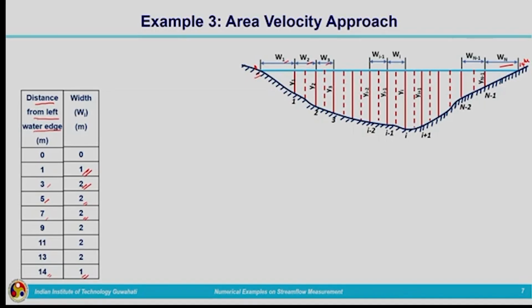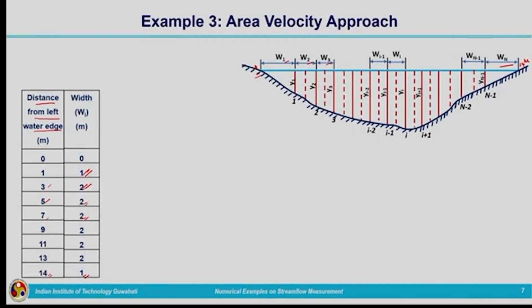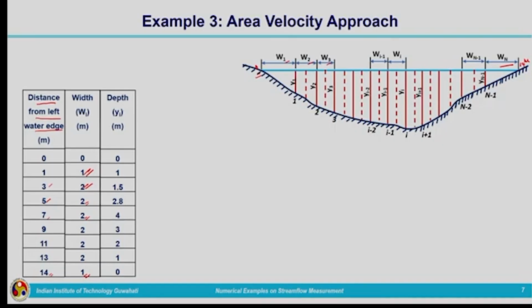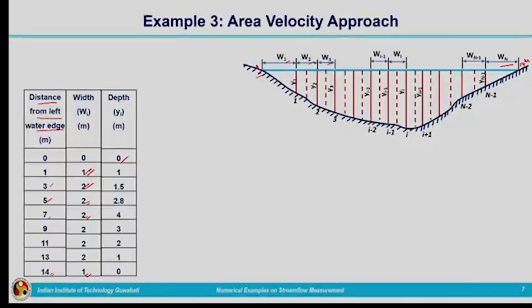We need to get the average width corresponding to each segment based on the midsection formula. At the last segment, the width is calculated to be 1 meter. And now the depth is given to us. For each segment we have the depth. yi is given to us, and at the beginning, at the 0th point, it will be 0 because it is at the left bank, and also at the right bank it will be 0.